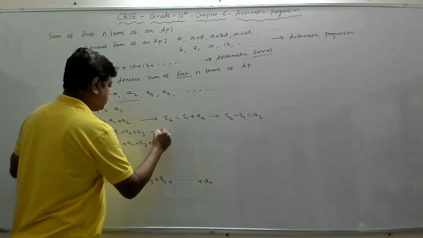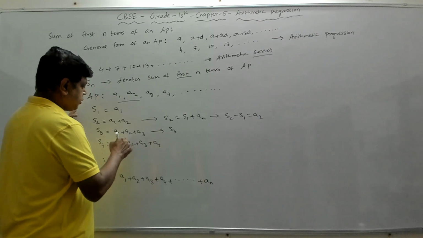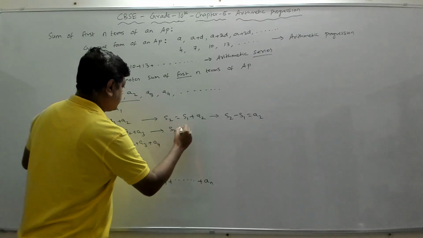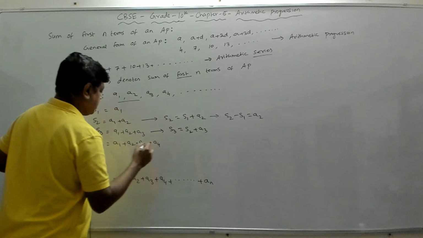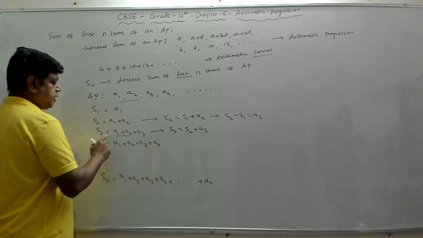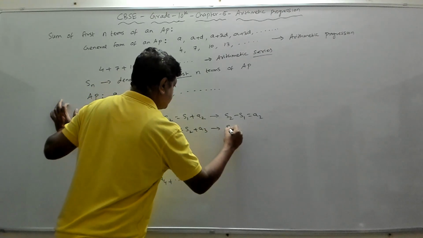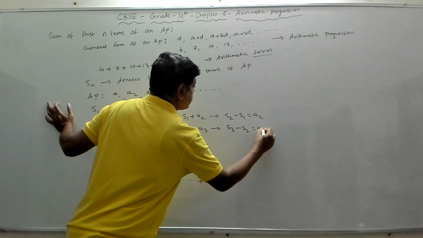Similarly, S3 is equal to A1 plus A2 plus A3. A1 plus A2 is S2, so I will write S3 equal to S2 plus A3. That means S3 minus S2 is A3.